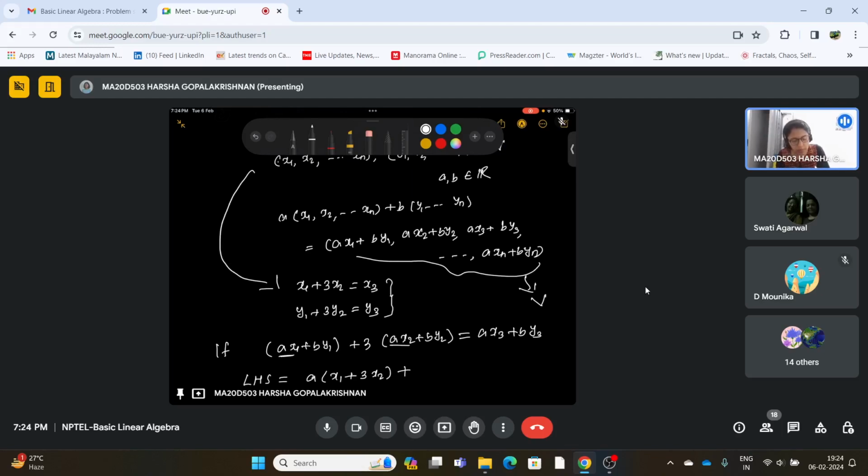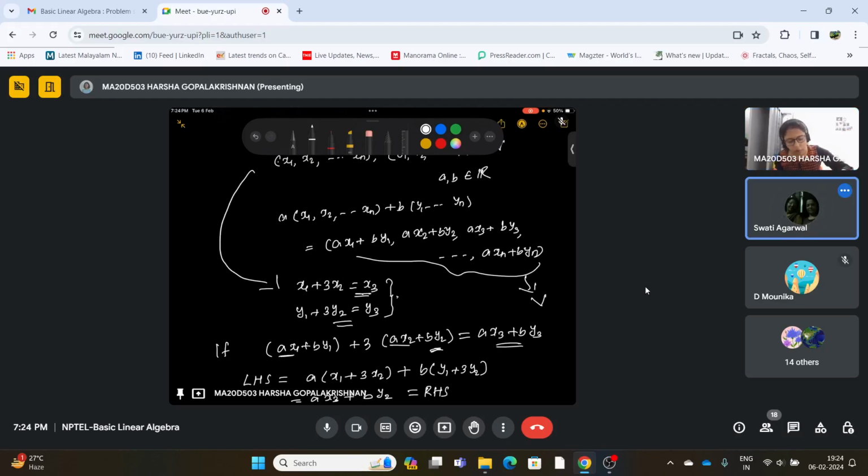We need to make this one into something related to this. So we will take b outside: b(y1 plus 3y2). And x1 plus 3x2 we already know from this condition is x3, so it is ax3, plus, from y1 plus 3y2, we know it is by3. So we got the RHS, right? This side we got.